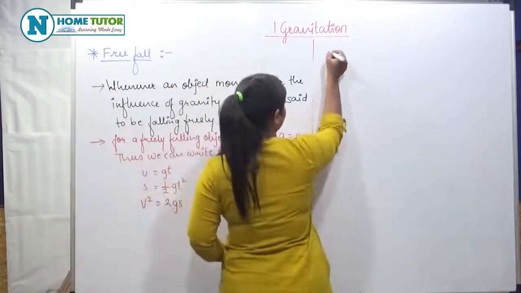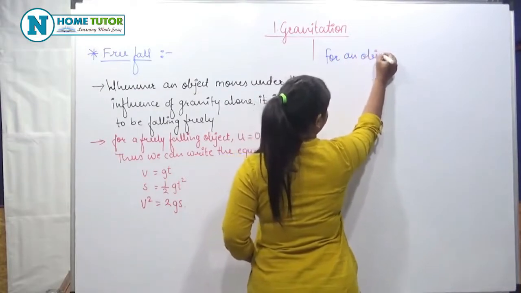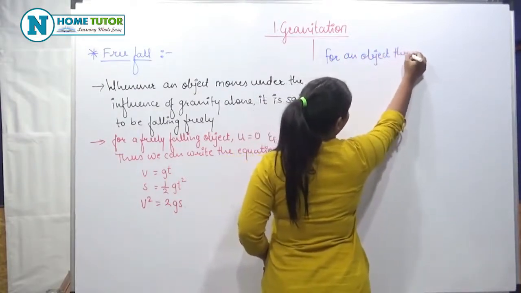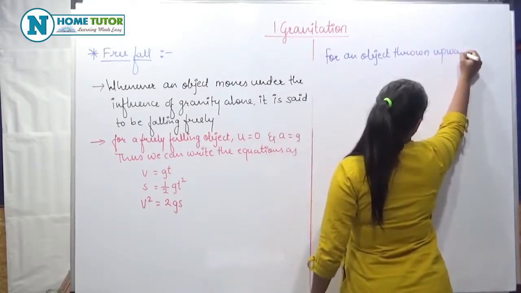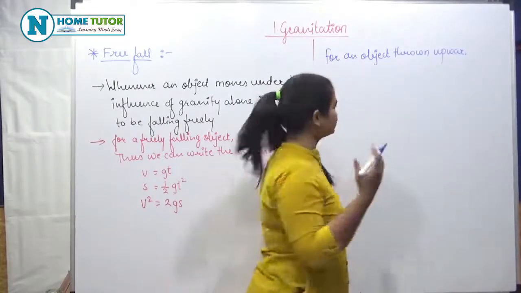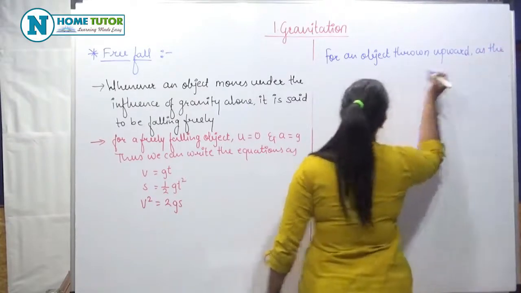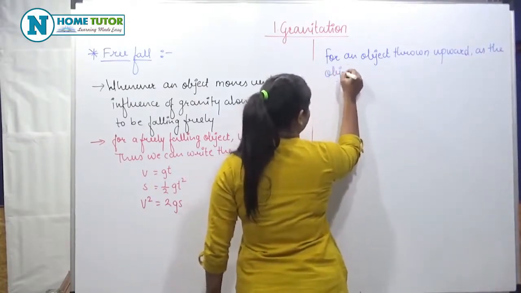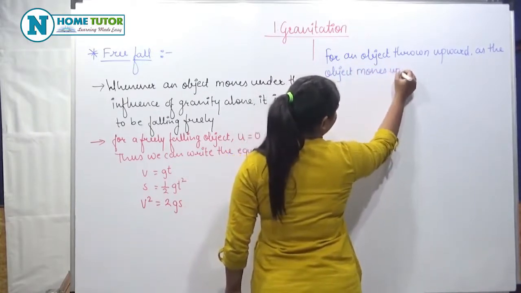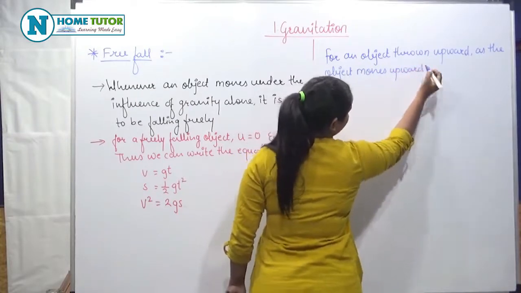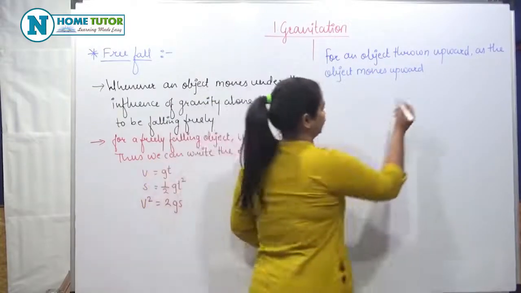Now for an object thrown upward, as the object moves upward, the acceleration is opposite to the velocity. So I'll write it here.